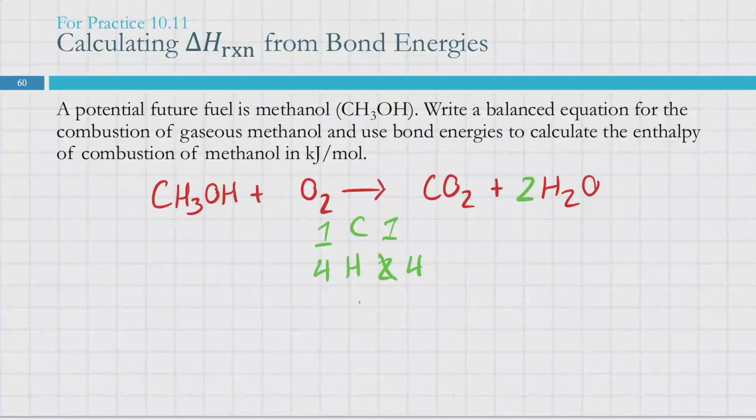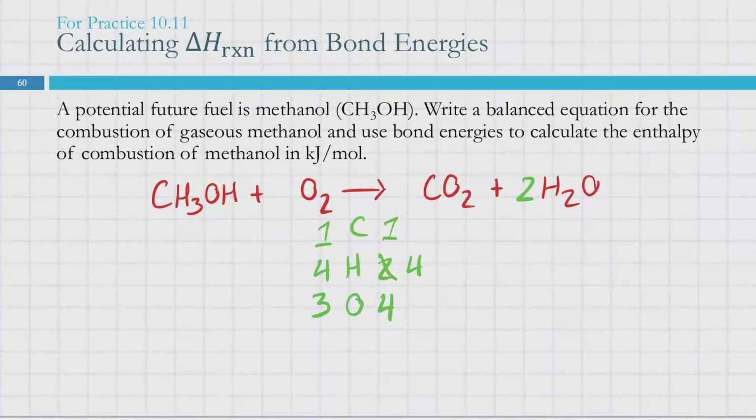And then the last thing to balance is our oxygens. We currently have 3 on the reactant side, 1 in our methanol, 2 in our oxygen. And on the product side, we've got 4. We've got 2 in our CO2, and we've got 2 waters, so 2 times 1 gives us 4.